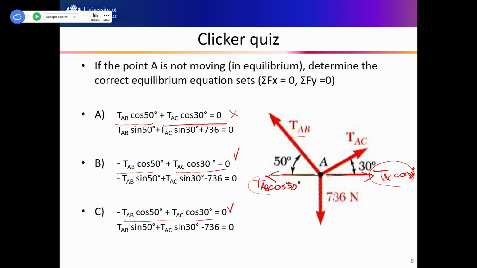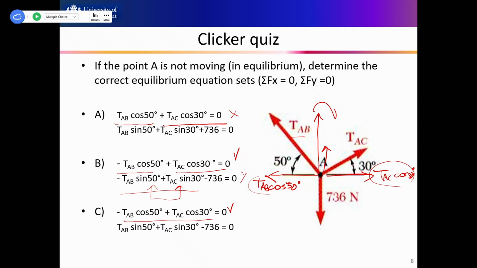And in the Y direction, the y component of TAB is TAB times sine 50. And the y component of TAC is TAC times sine 30, right? And then the same direction. So the signs of these two must be the same, right? And then let's check B. And here, it's the opposite, although those two components are in the same direction, right?